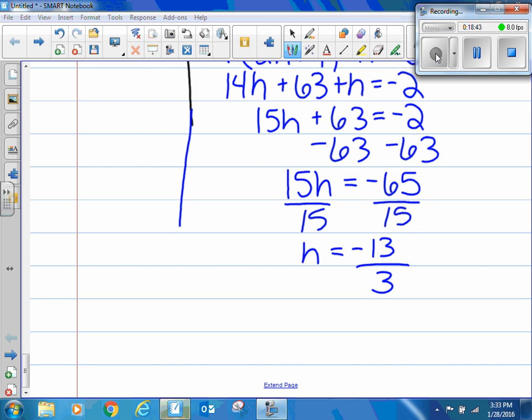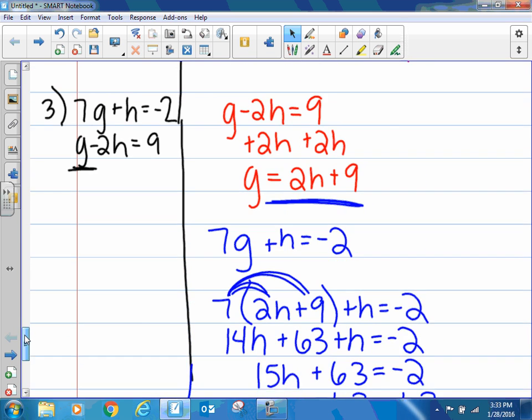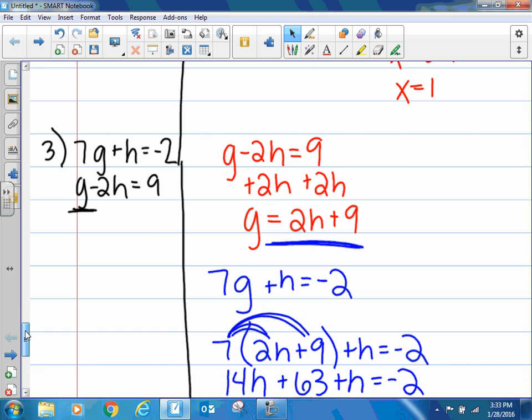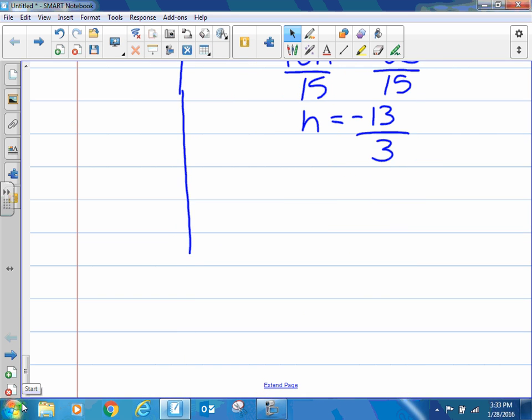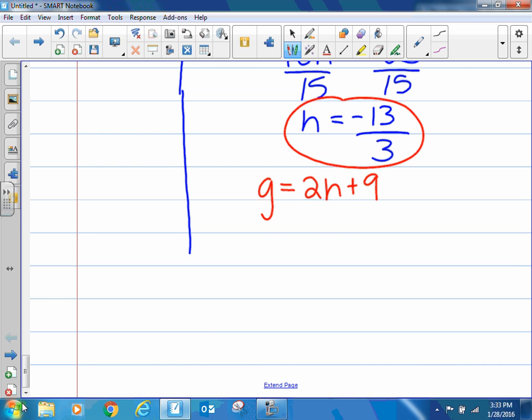So now that I found h, I have to go back and plug this in to find what g is. So I got to go back up to here. I know that g is equal to 2h plus 9. I know that h is negative 13 over 3, so I'm going to plug it in. g is equal to 2 times negative 13 over 3 plus 9.